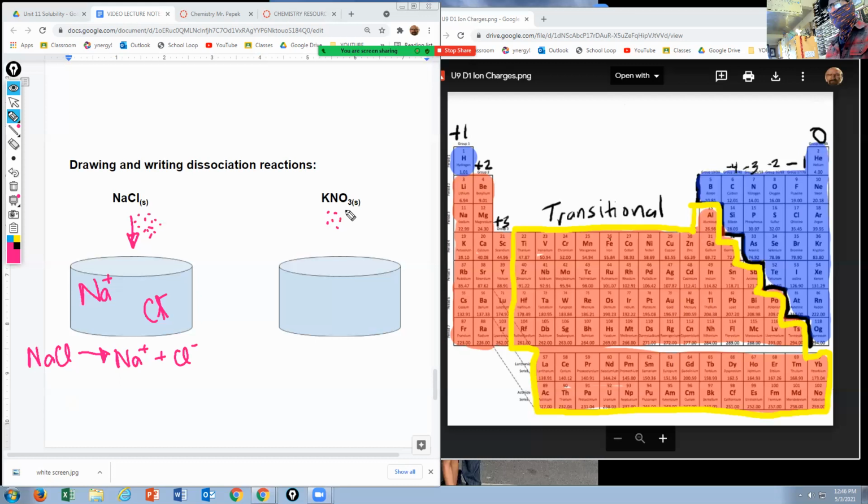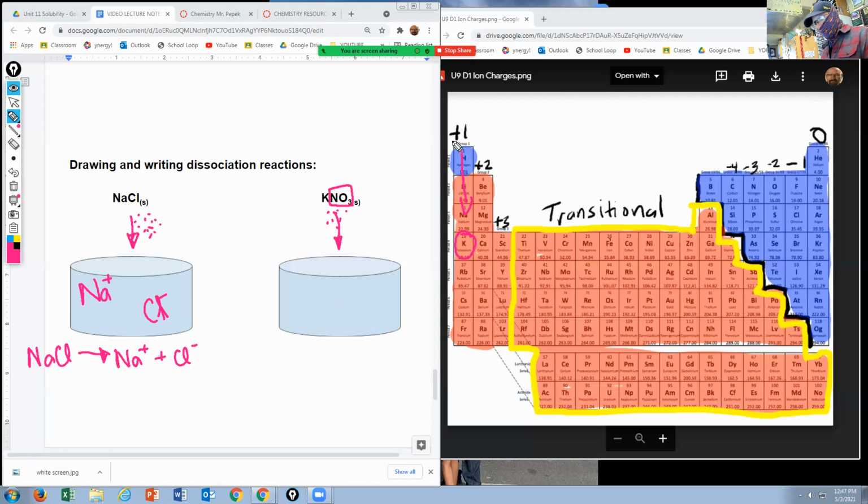We have potassium nitrate. I'm going to take that potassium nitrate and I'm going to break it up. We're going to put it into water. It's an ionic compound, and this one's going to break apart. And what will it break apart into? Well, we know potassium is in the first column, so it's going to be a +1 charge. And we know that nitrate is going to be an altogether piece.